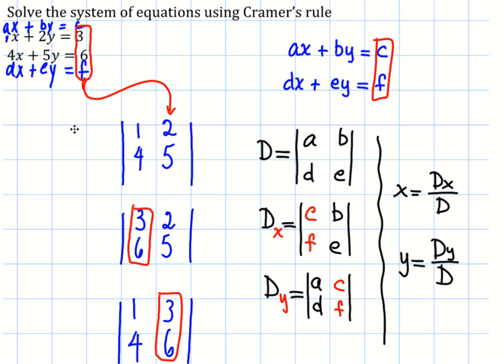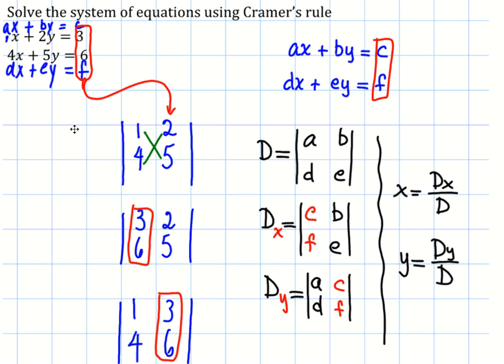Now we're going to do this one manually instead of putting it in the calculator. The next problem is going to be a 3 by 3, and we will put that one in the calculator. So what the formula says is I need to cross multiply, and then subtract.